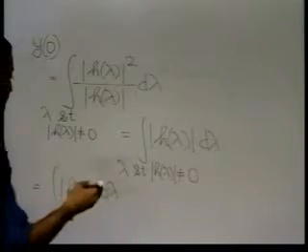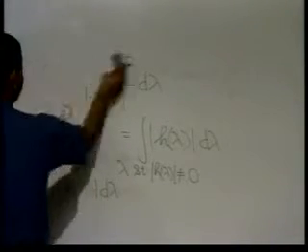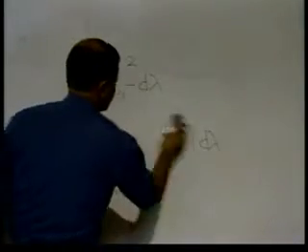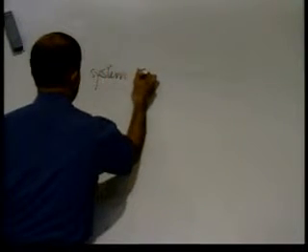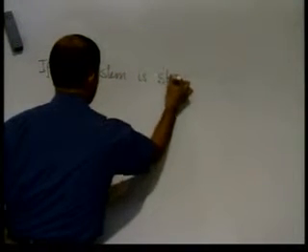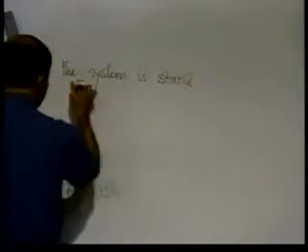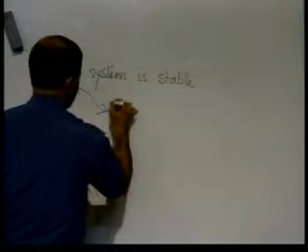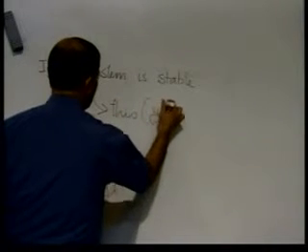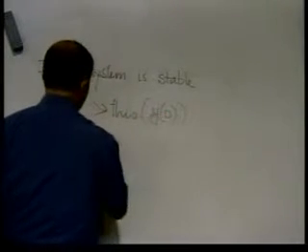Alright? So let's conclude. If the system is stable, then this, that is y of 0, must be bounded.